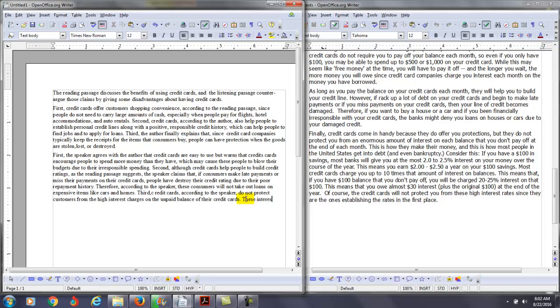These interest charges allow credit card companies to be profitable, but also... Yeah, I think we have it. We're pretty good here.